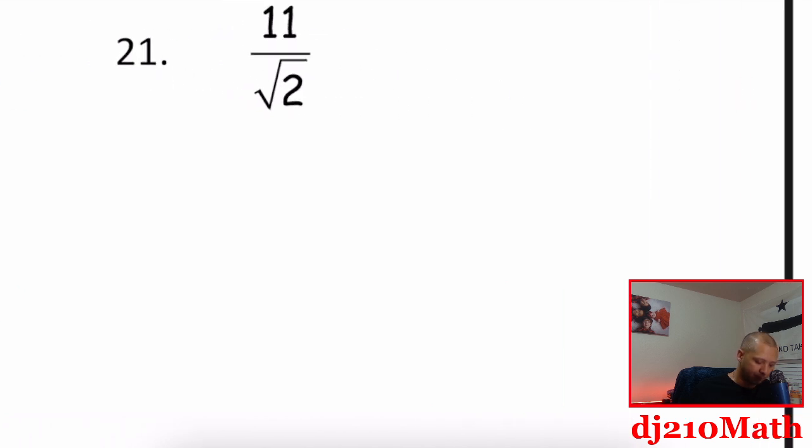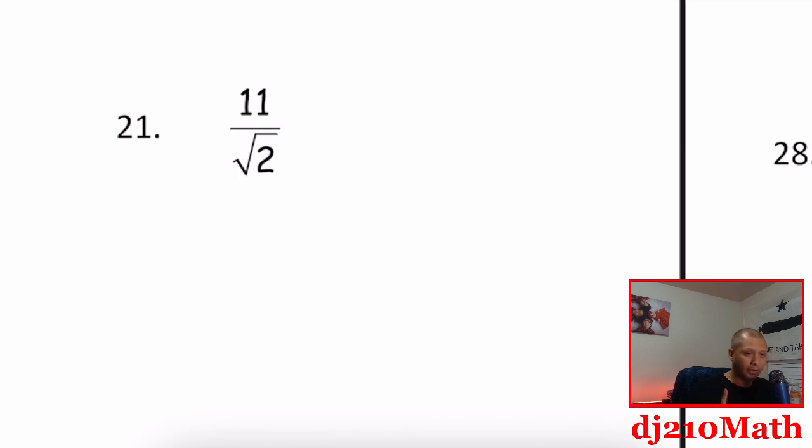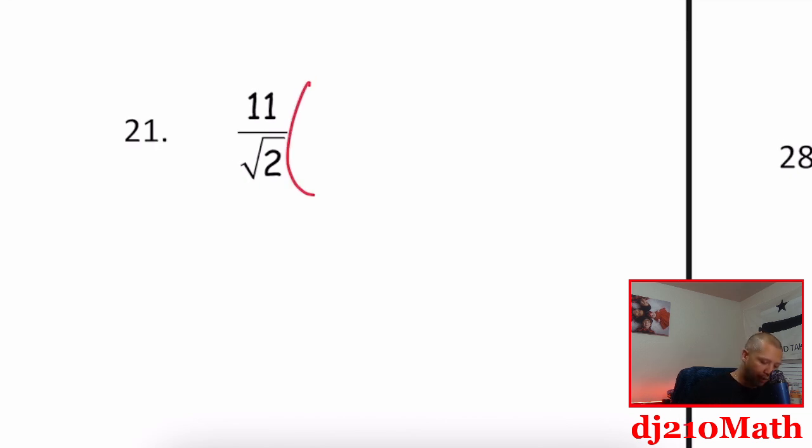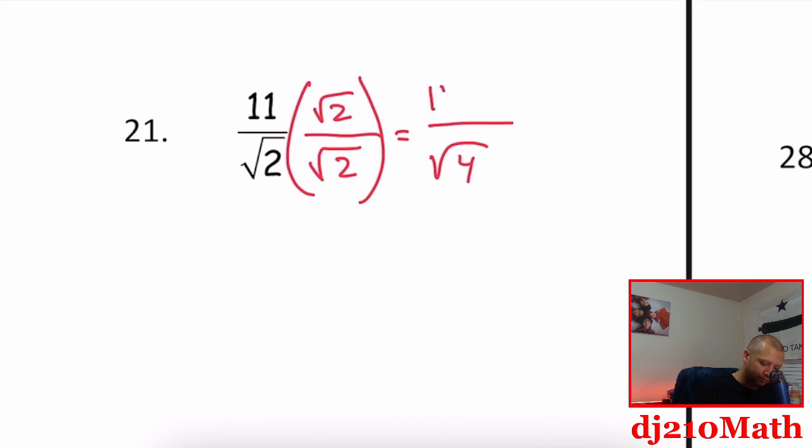All right, 21. Again, we don't like square roots in the bottom. So I have to multiply this. It's called rationalizing the denominator. I have to multiply by something, and the only thing that will get rid of a square root is itself. So this is going to be root 4, 2 times 2 is 4, and the top is just 11 root 2.